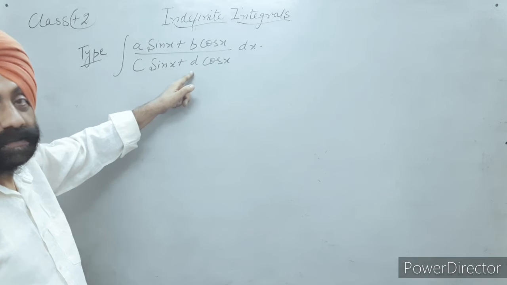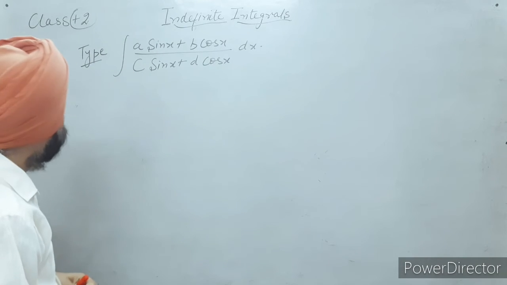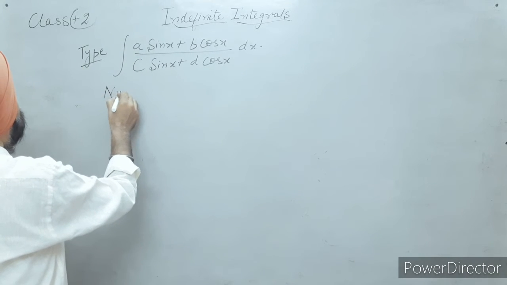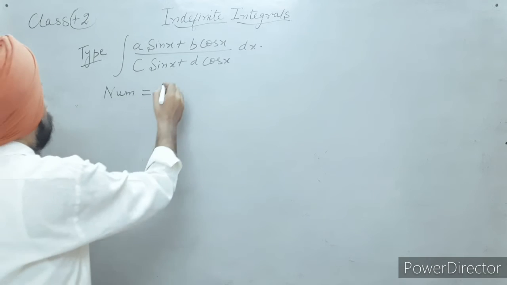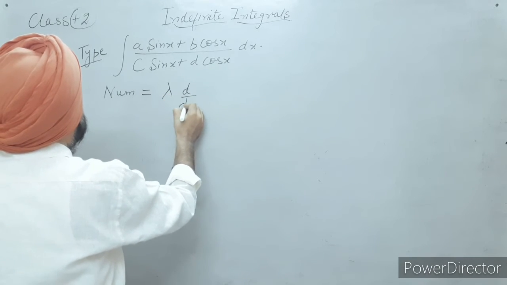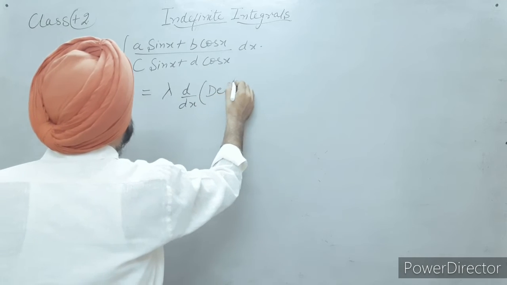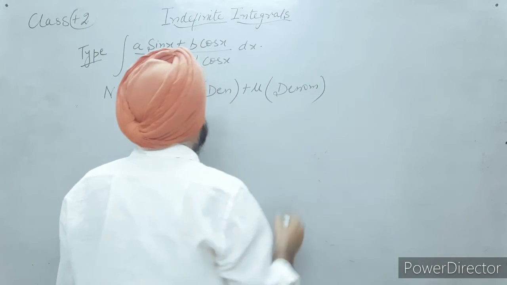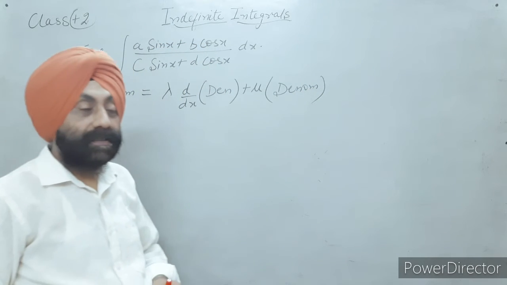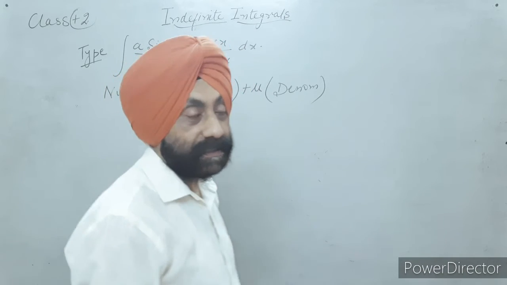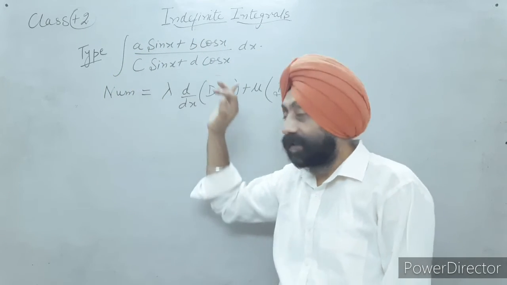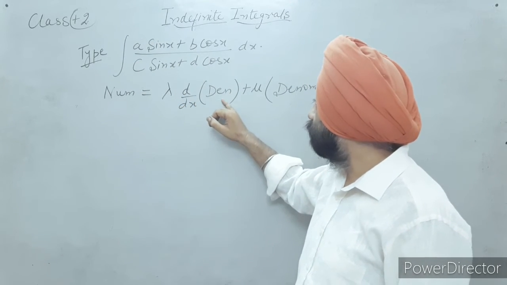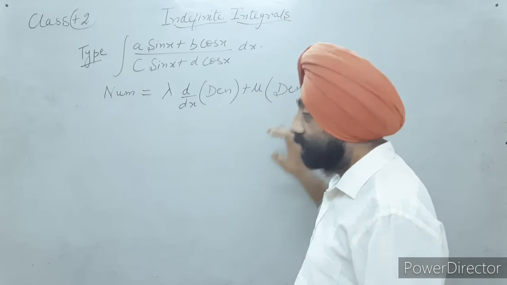Now in this type, the method we are going to follow is: numerator equals lambda times the derivative of the denominator plus mu times the denominator.